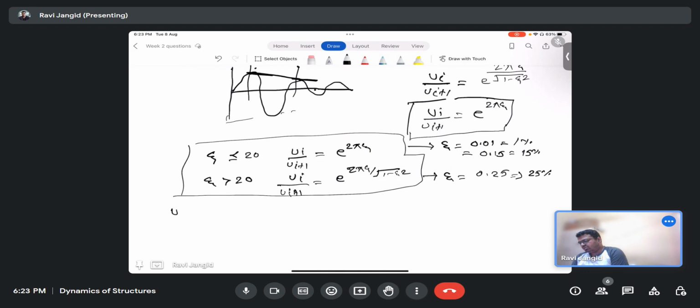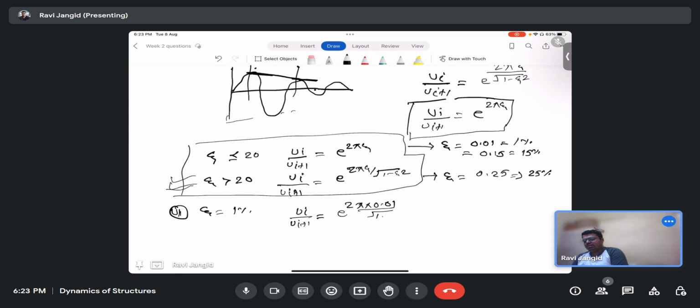So first, for zeta equal to 1%, ui divided by ui plus 1 is e to the power 2 pi into 0.01. If you want to use both, this is applicable everywhere, you will get a similar answer.